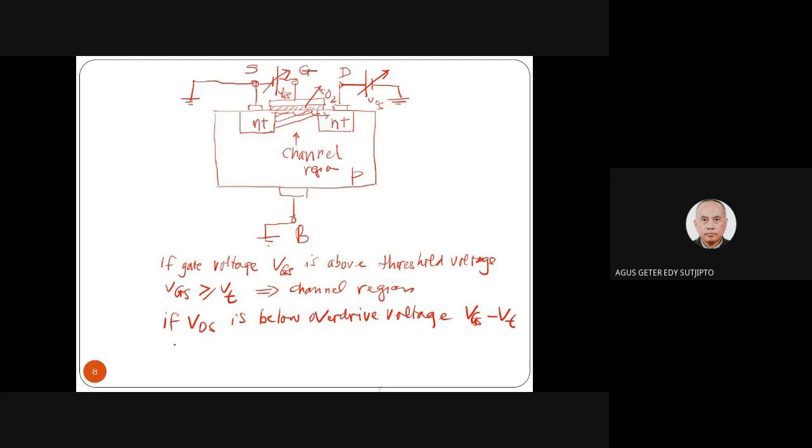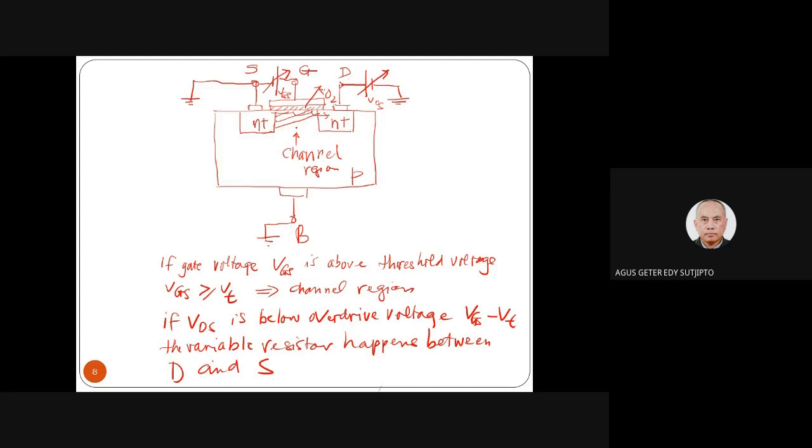So in this case, the variable resistor happens between D and S. This is the variable resistor.